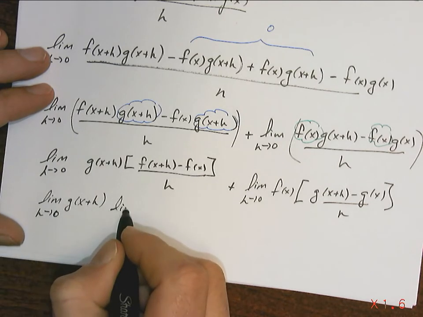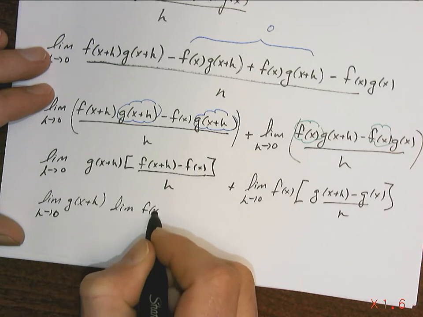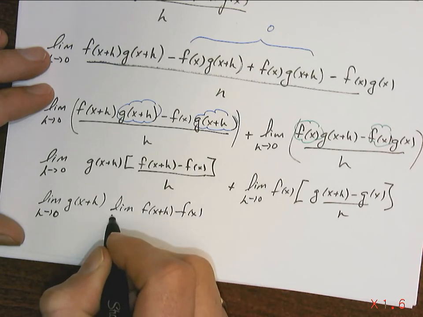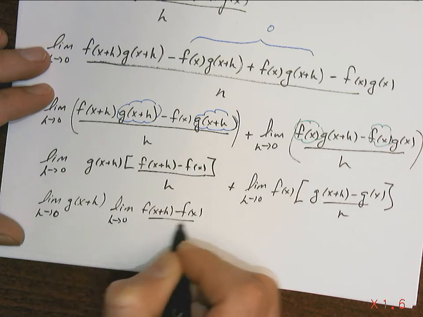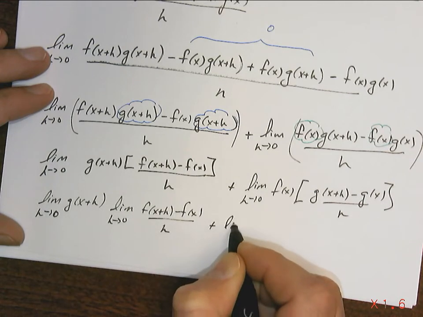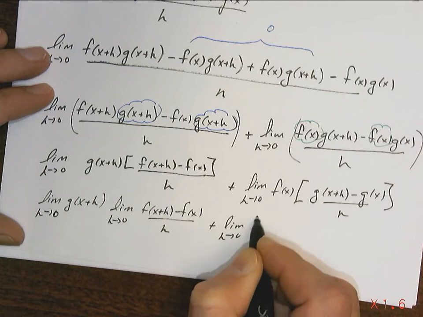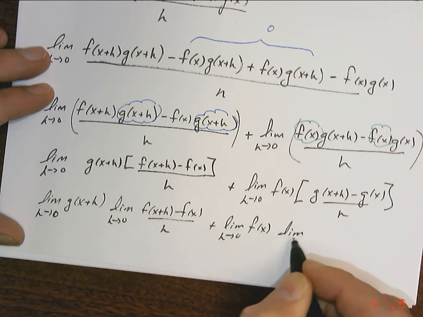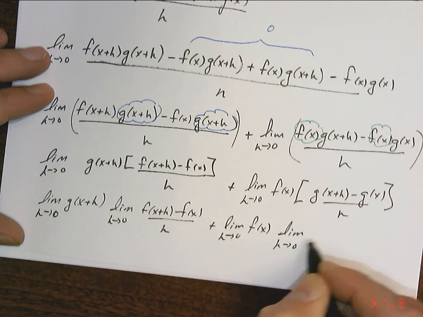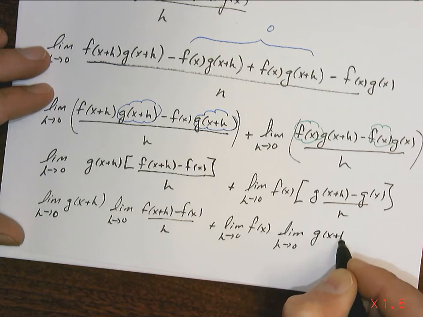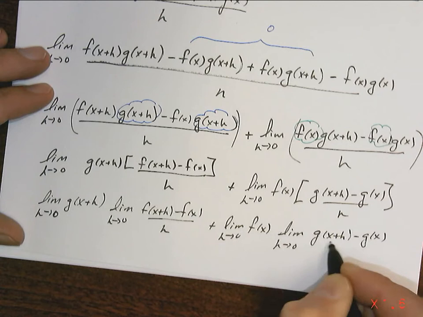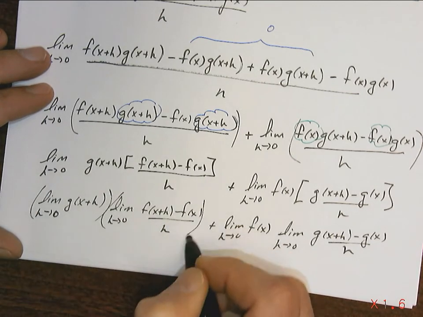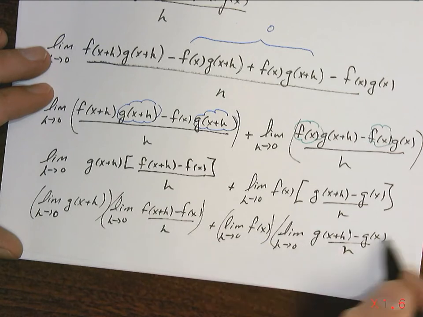And this is the limit of f of x plus h minus f of x over h, plus the limit as h approaches 0 of f of x times the limit as h approaches 0 of g of x plus h minus g of x over h. And what I have here is this times this plus this times this.